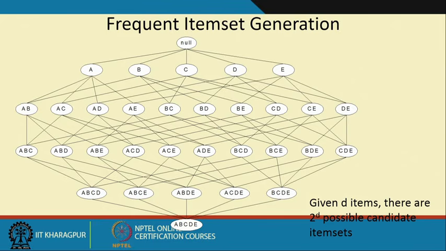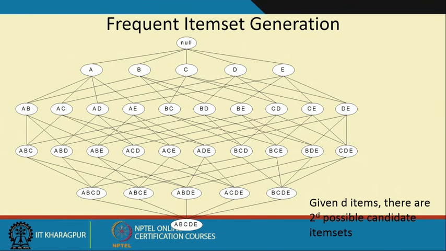So, if I arrange these 2 to the power d subsets, I can draw this kind of a lattice, showing which is a subset of which. If you carefully see this diagram, you will see that these lines are nothing but "is a subset of", and this can go across all levels.